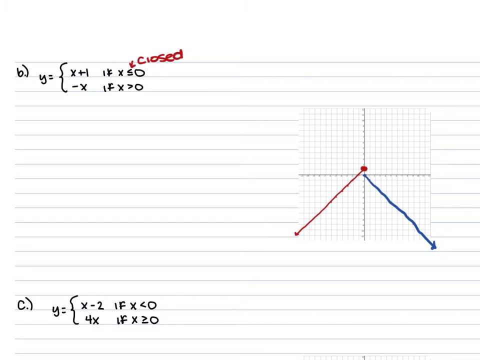However, I look at my inequality. I have an open circle, since it's not also equal to, and I want any x value that's greater than 0. So anything to the left, I'm going to get rid of. And I'm going to put an open circle on 0. So I'm just going to erase a little bit of that and put an open circle there.